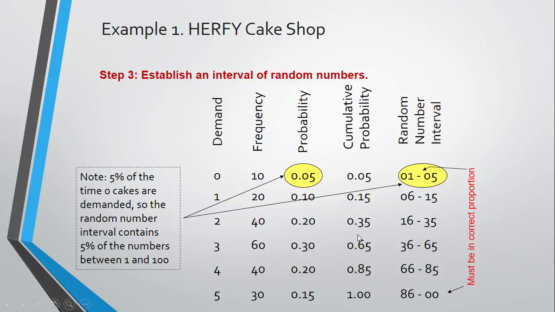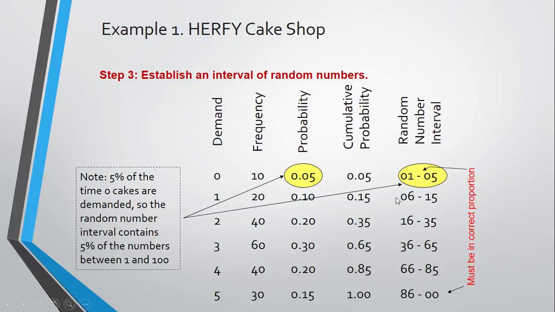Next, you establish an interval of random numbers. You have the demand here, this is your frequency, this is your distribution, and this is your cumulative distribution. Then you set a random number interval. In this case, this is 5%, and you want to use an interval between 1 and 100. So for this 5%, 1 to 5 is the first interval.